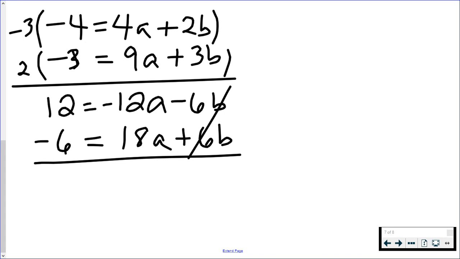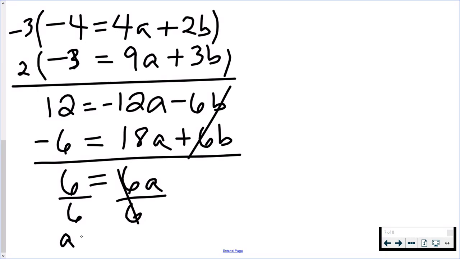I'm going to do the same with the other two columns. 12 and -6 would be +6. -12 and 18 would be +6a. And now the last step is to get a alone, so I'm going to divide by 6. So we get that a is equal to 1.